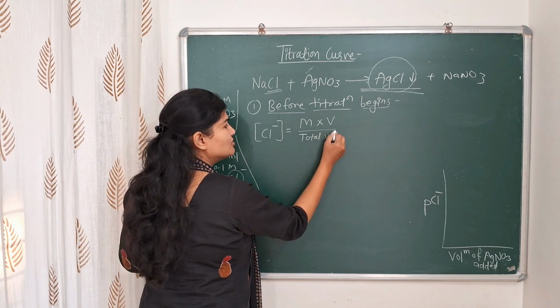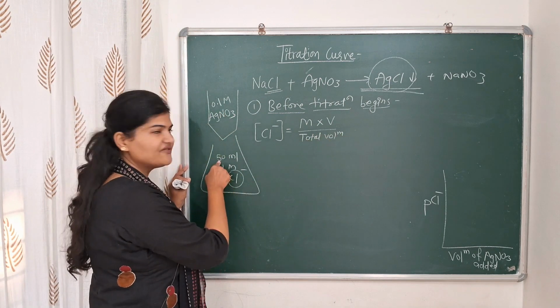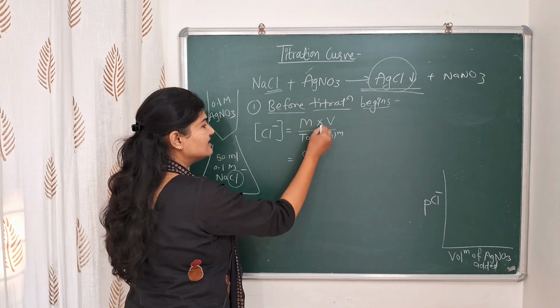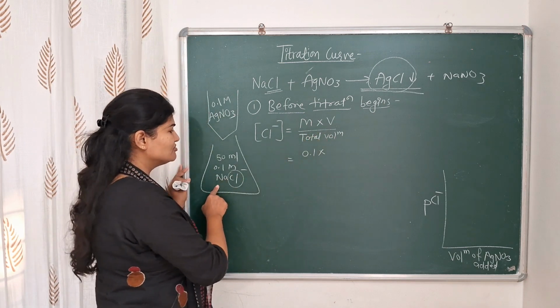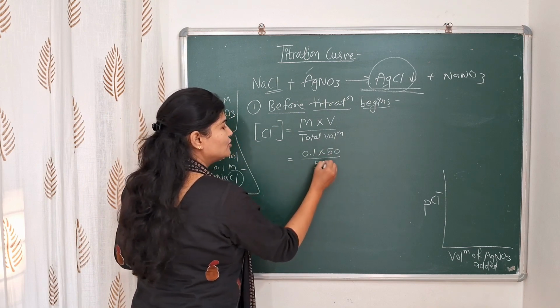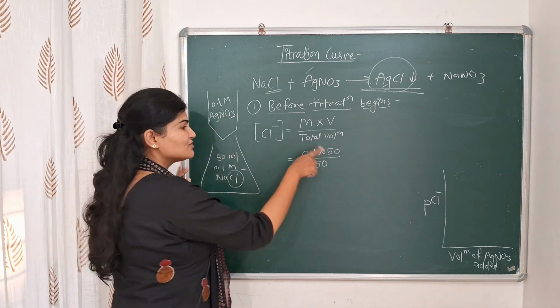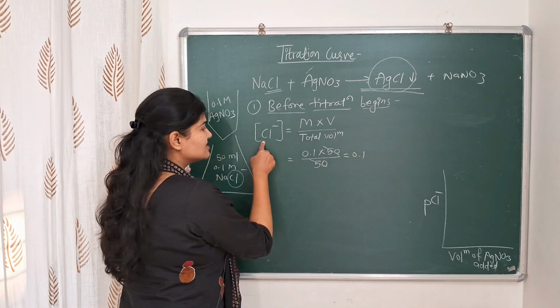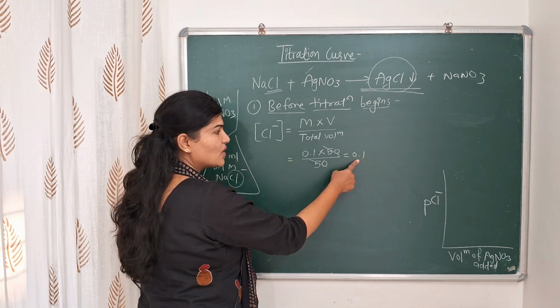The total volume of solution at the moment is 50 ml, the molarity I have taken is 0.1 molar, and the initial volume of NaCl is again 50 ml. So 0.1 into 50 upon 50, and if I solve this, the answer will obviously be 0.1. This is the chloride ion concentration.